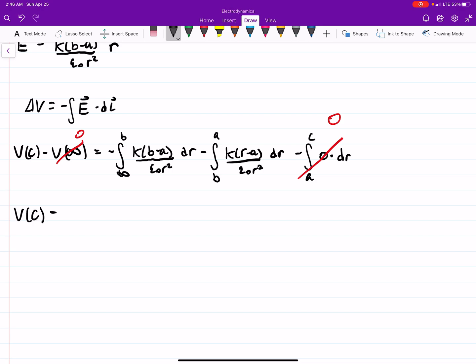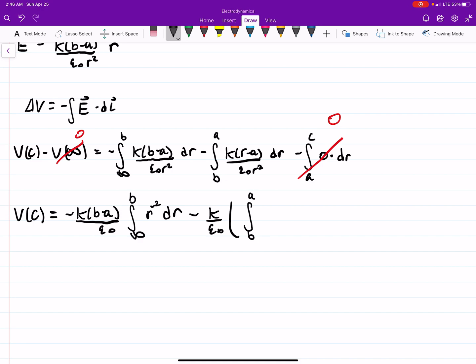So the potential at the center is going to be minus K times B minus A over epsilon naught, the integral from infinity to B, R to the negative 2 dr, minus K over epsilon naught, and we'll break this up into two integrals.